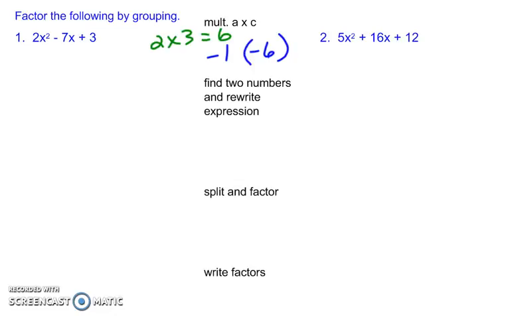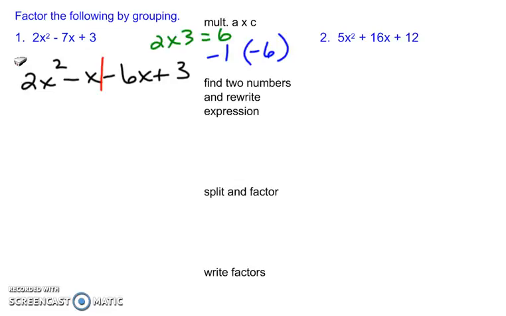So we're going to rewrite 2x squared minus 7x plus 3, replacing the negative 7x with minus x minus 6x plus 3. Now we're going to split. So now that we've made the split, we're going to factor.